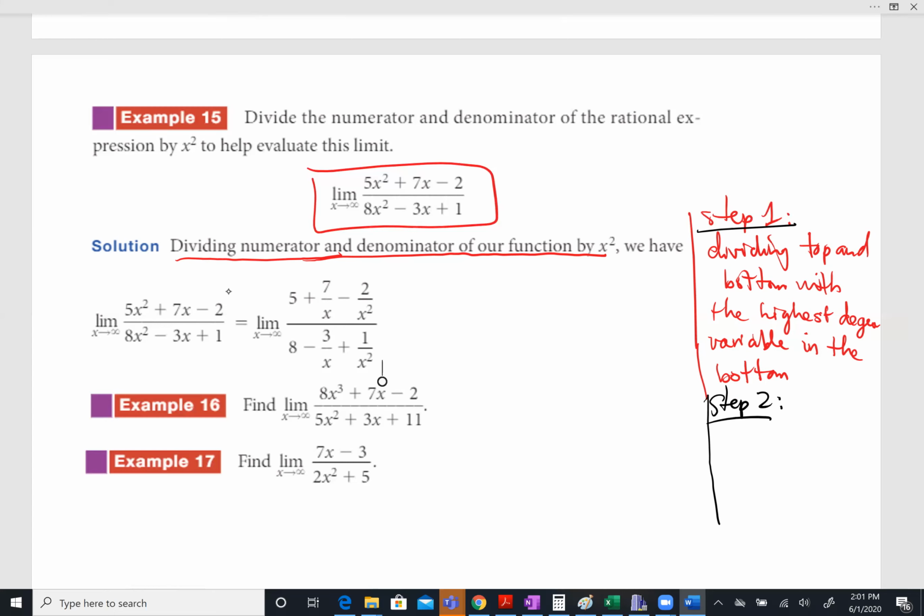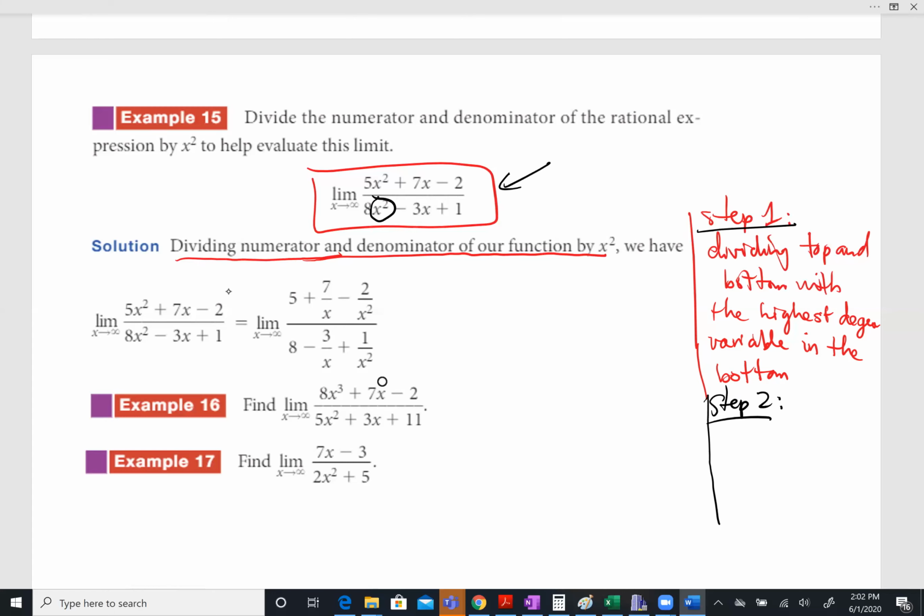In this case, you see that the highest degree variable at the bottom is x squared. So I'm gonna divide both top and bottom by x squared.